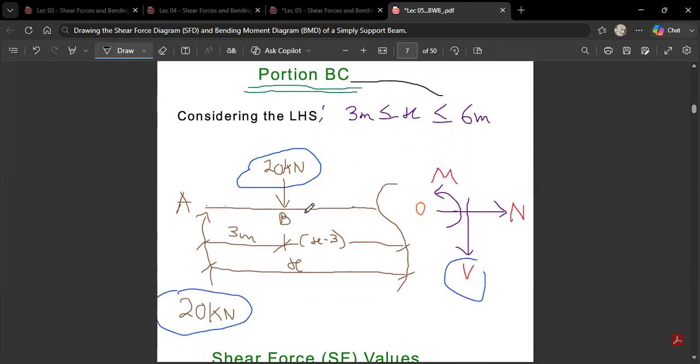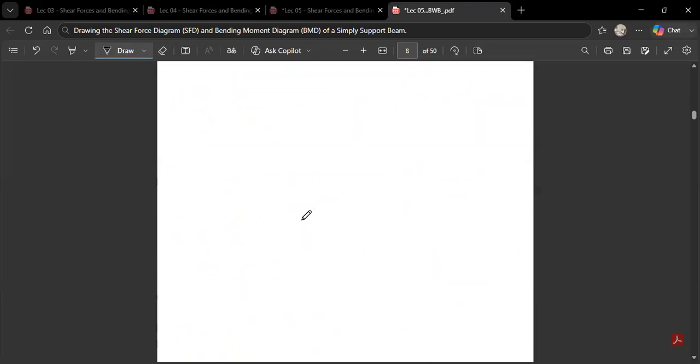So that is the last thing we're going to do, and then we calculate the bending moment values in part 2. Yes, let's do it that way.